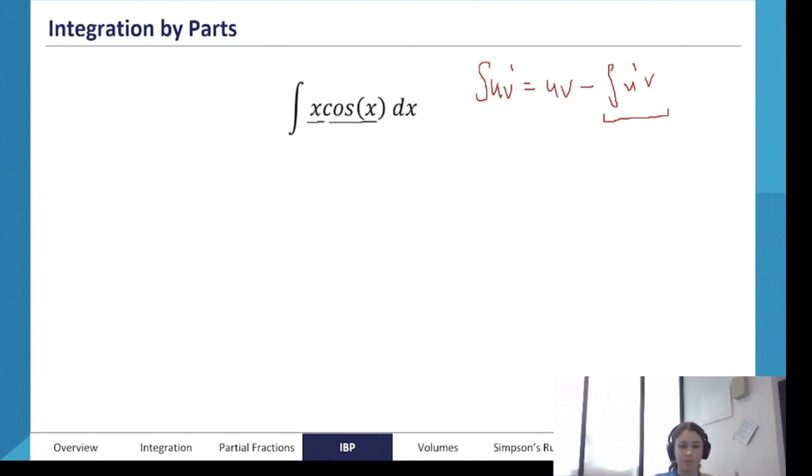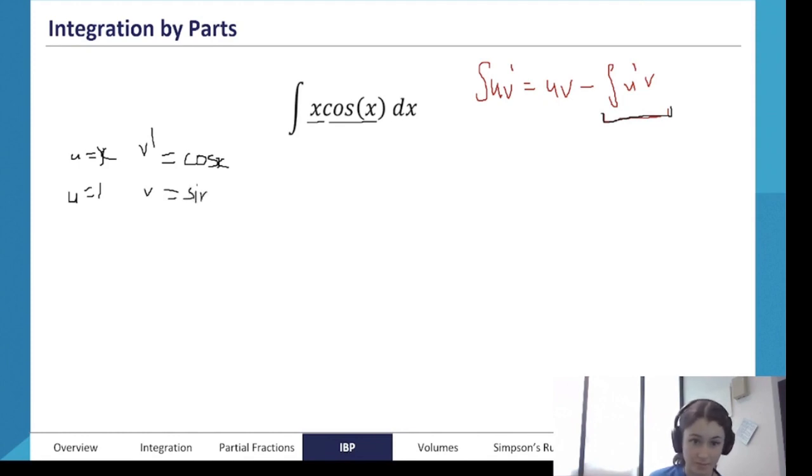So what's going to make it simpler for us is if we let u equal x and v dash equal cos x, because then in this section of our formula we're going to have u dash, which is going to be 1, multiplied by v, which is going to be the integral of cos x, which is sine x. And that we can integrate.